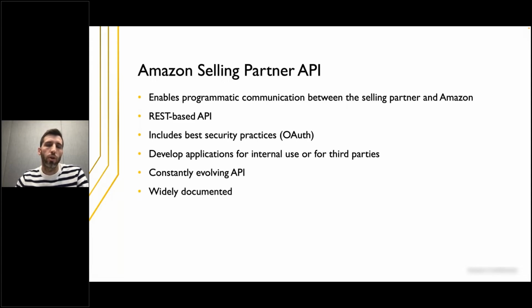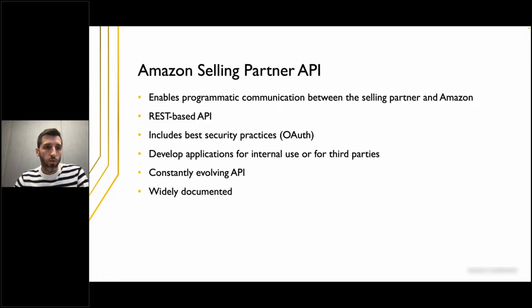So we support many different use cases. We support order management, listings, of course, that will be the focus today. We support shipping use cases, direct fulfillment, and so on. We have around 30 API sections right now to cover many different use cases for your selling partner.